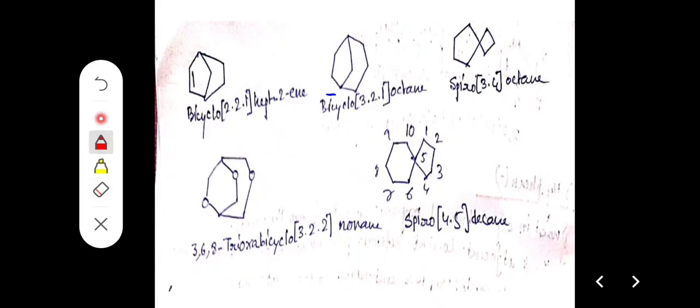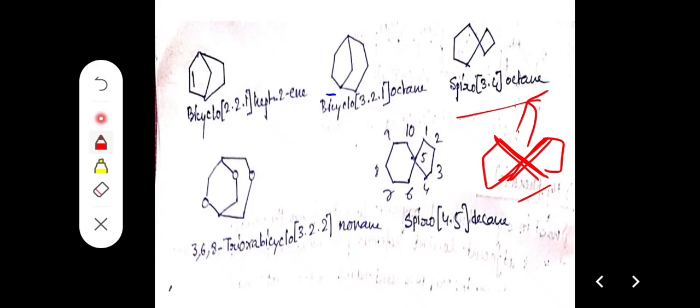Now we consider spiro. Spiro means this type of structure, where there must be this type of cross section. This is termed as spiro. One atom is common to both of the rings.